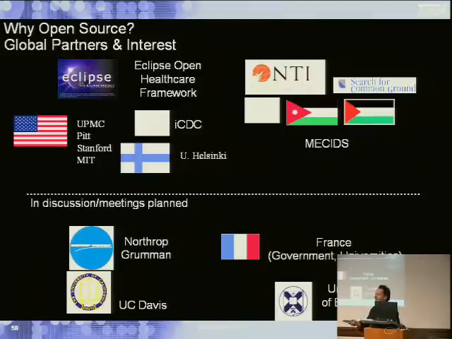I suggested that the component software model allows you to share data, but it's really going to take something like a global open source community to build up and collect enough knowledge that you can do modeling on a time scale that's relevant to new emerging diseases. So we've begun that, and we have some colleagues at the Israeli CDC, at Pitt, at UPMC, Johns Hopkins, Palestine, and elsewhere.